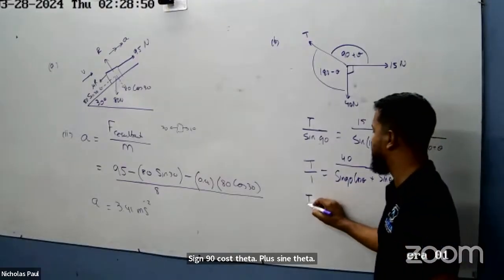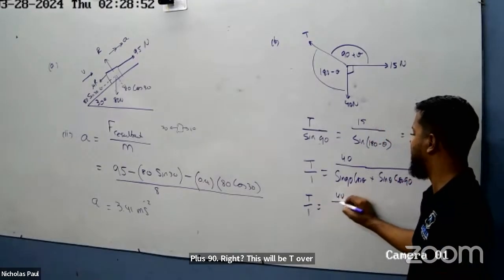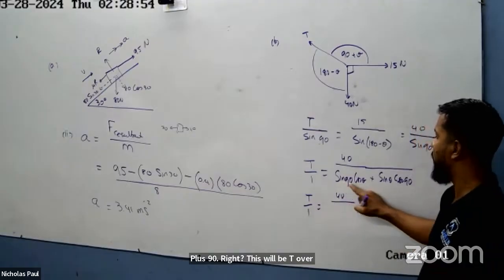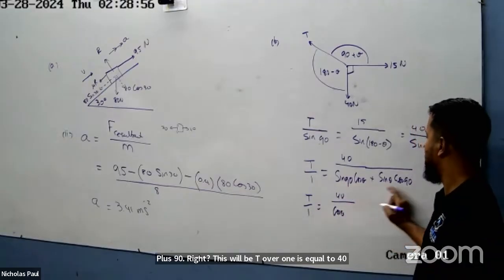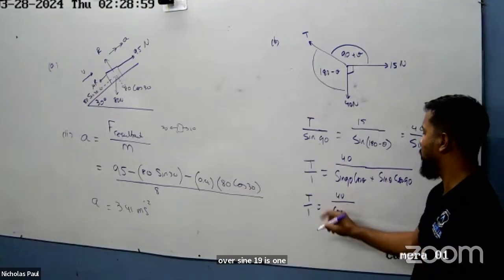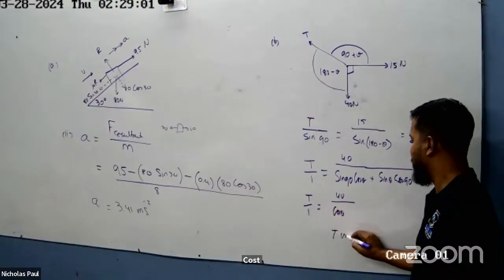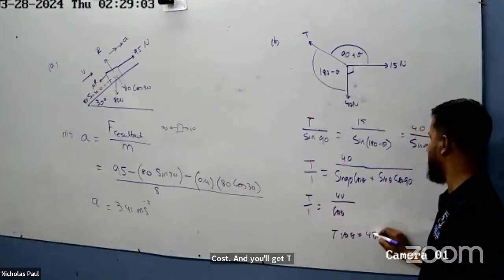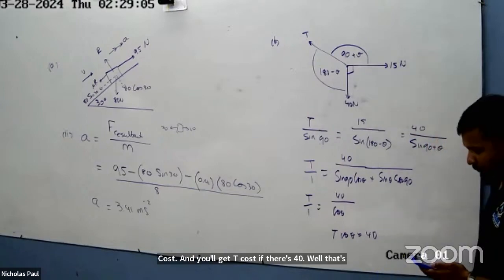Sine 90 is 1, cos 90 is 0. Cross multiply, and you'll get T cos theta is 40. All that just to get that?